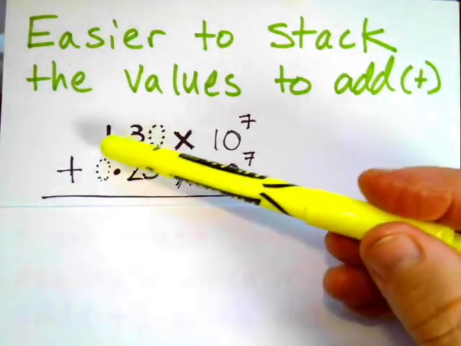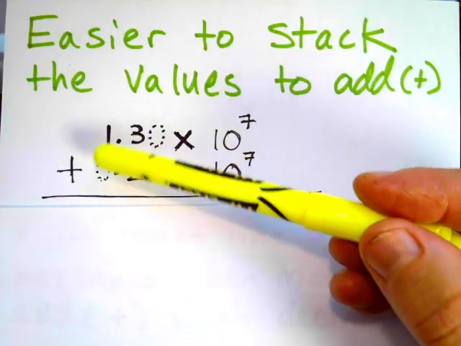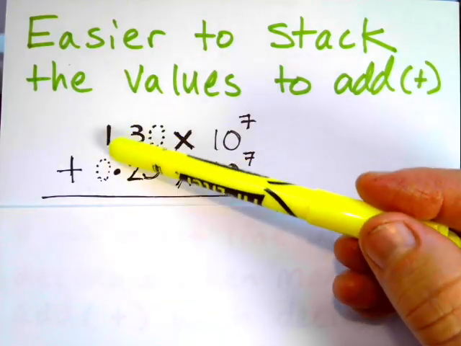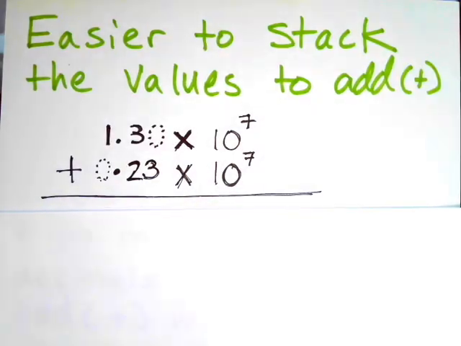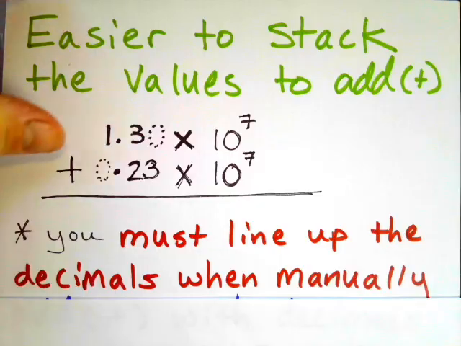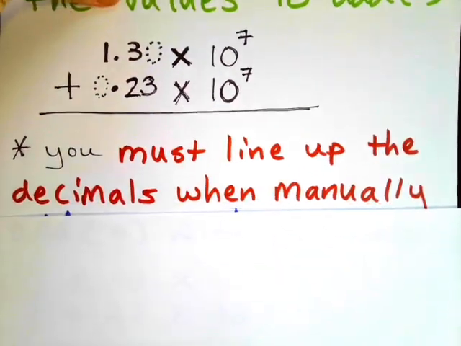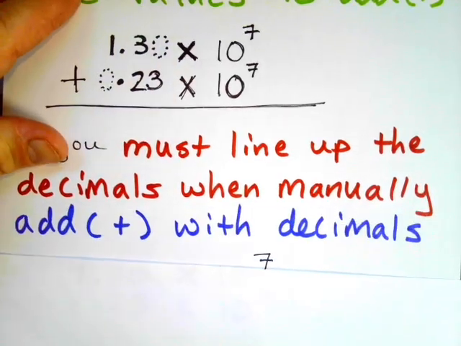And when you add with decimals, you add top to top, bottom to bottom. You keep that decimal lined up in your answer. So you must line up the decimals. And again, we're not allowed to use calculators, so you're going to be doing this manually, like I'm showing you here.